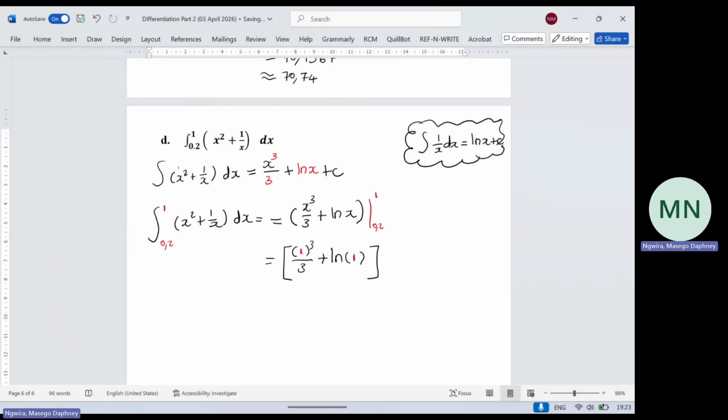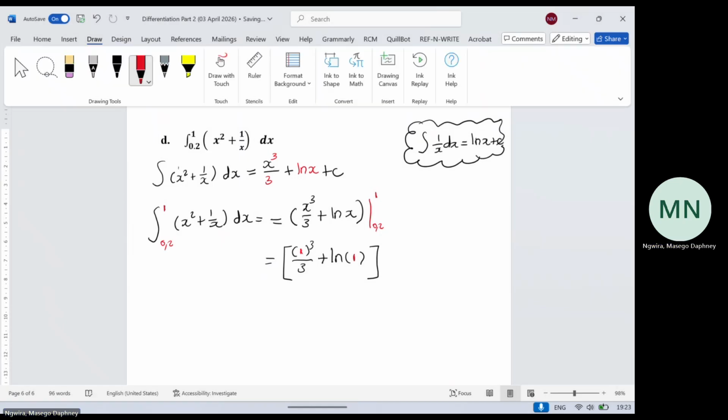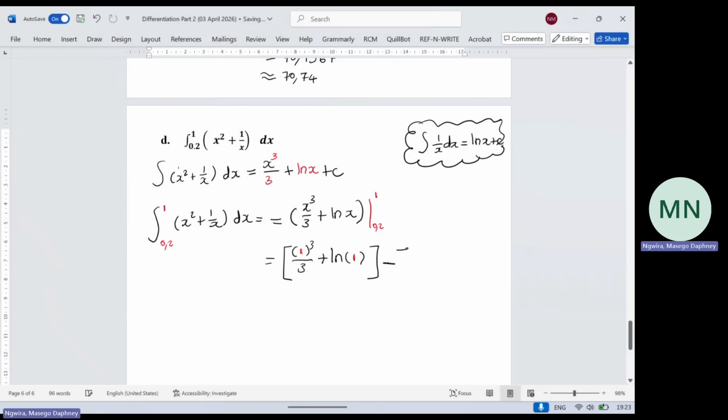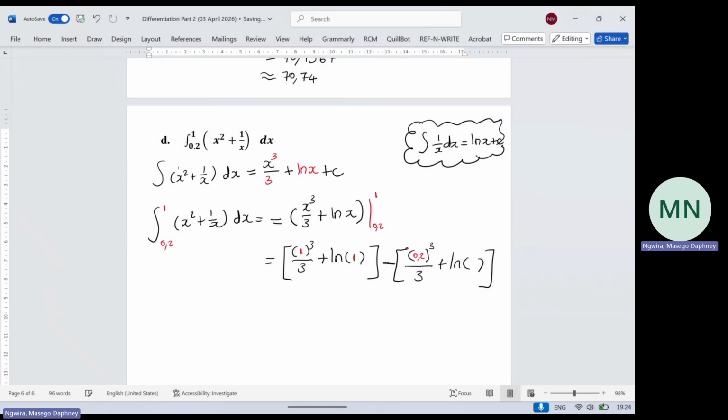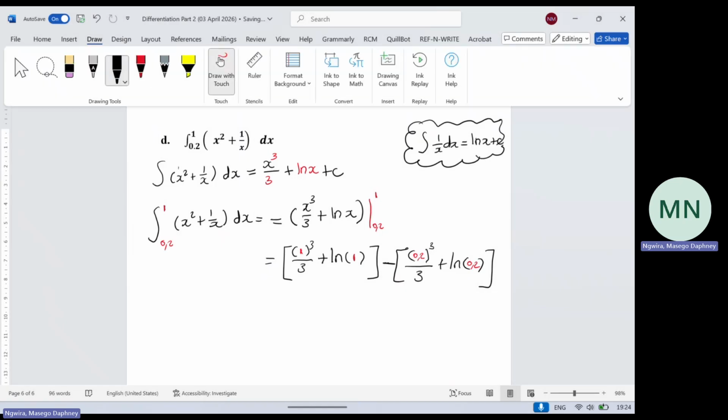And then minus 0.2 to the power of 3 over 3, then plus ln 0.2. So now I'm substituting the 0.2. Okay. Now let's see what we get.